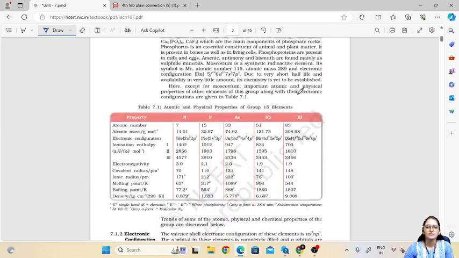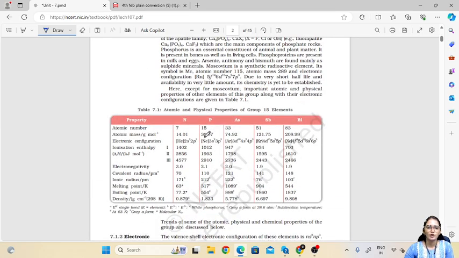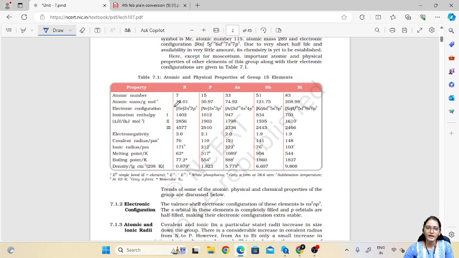This is the table which shows the physical properties of these elements, that is nitrogen, phosphorus, arsenic, antimony and bismuth. Nitrogen has atomic number 7, phosphorus 15, arsenic 33, antimony 51 and bismuth 83, along with the respective masses of these elements. Nitrogen, having atomic number 7, has the configuration helium 2s2 2p3, and phosphorus neon 3s2 3p3.